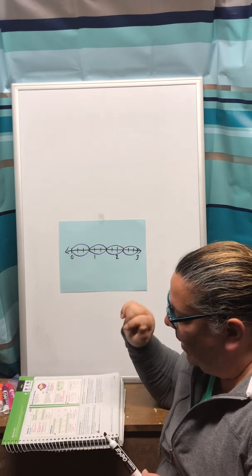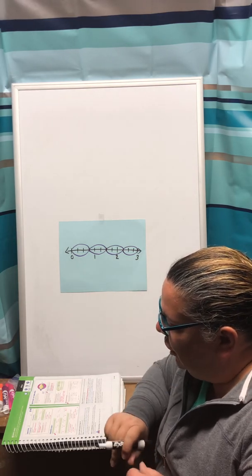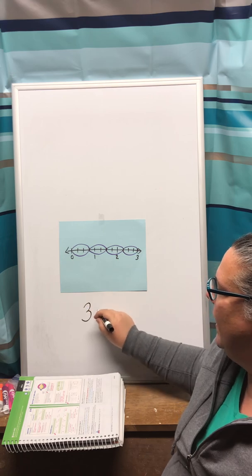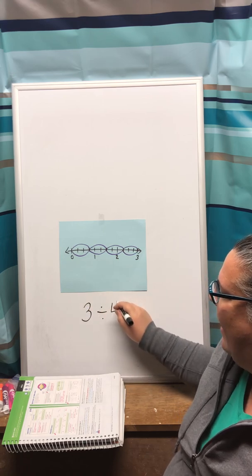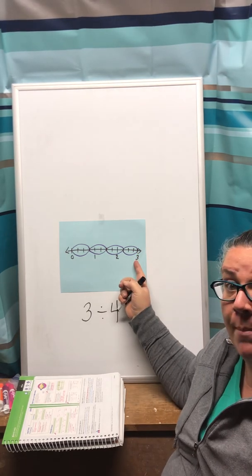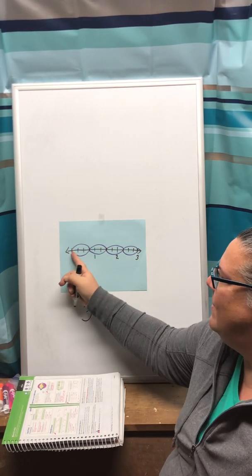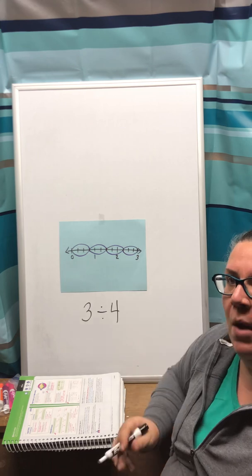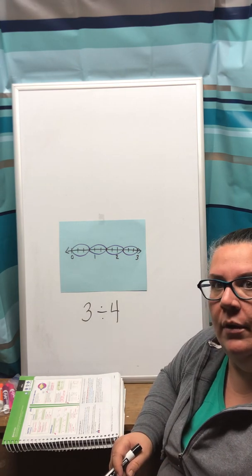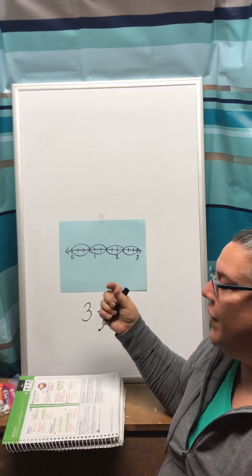And based on the jumps, the question is asking us, use the number line below to show 3 divided by 4. So here's my 3. 3 is the number that we're starting from. So if I go from 0 to 3, what they want me to do is divide it into 4 equal parts. That's where the jumps come in.